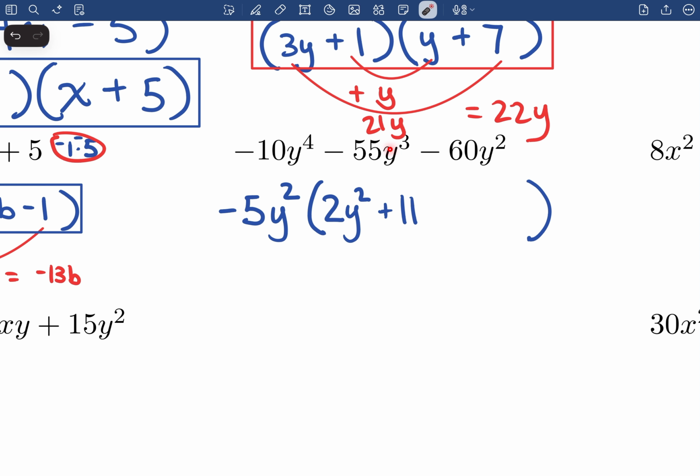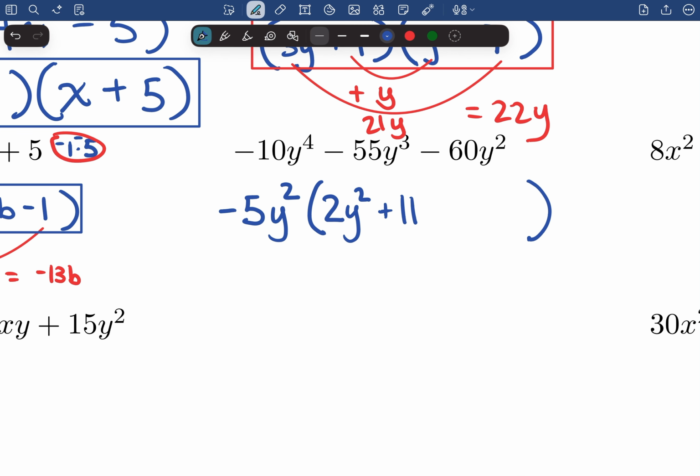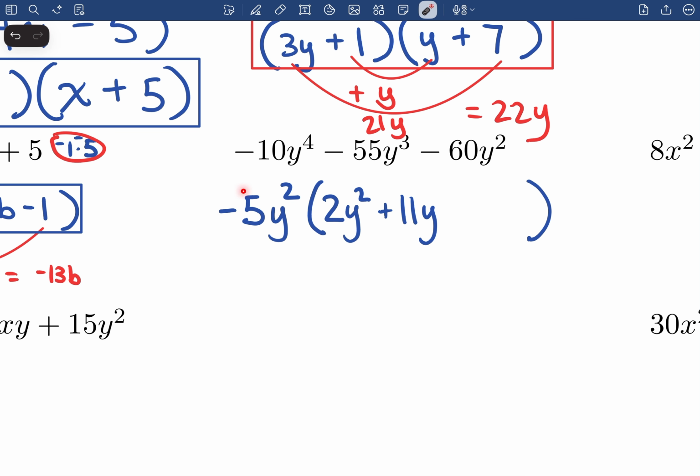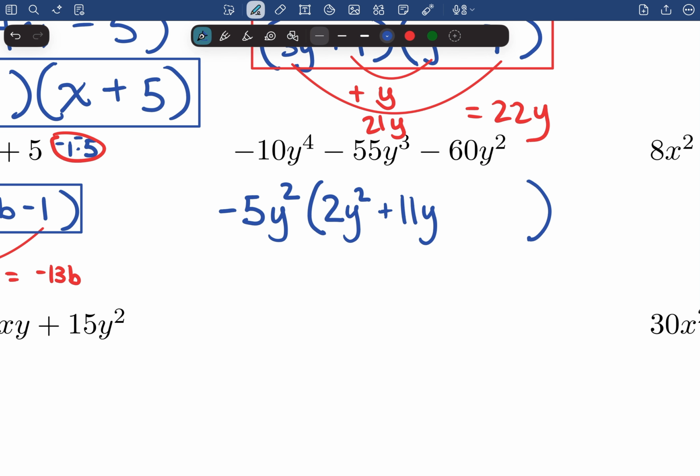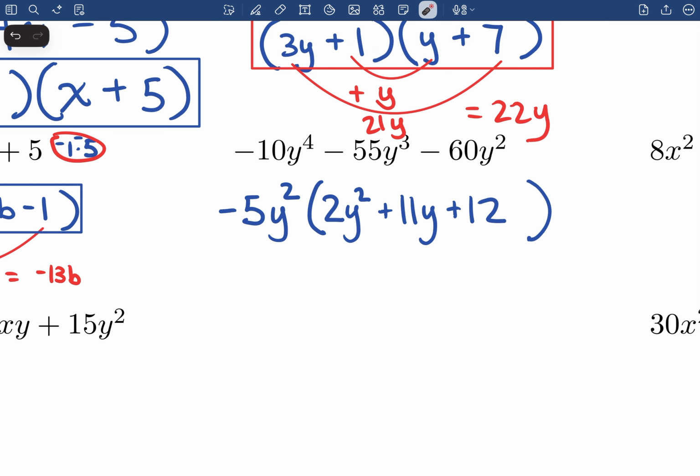And y cubed divided by y squared, which is just y. And lastly, we have a -60 divided by -5, which is a +12, and a y squared divided by y squared, which is no more y's. Great. So we have just factored out the GCF and figured out what was left inside.